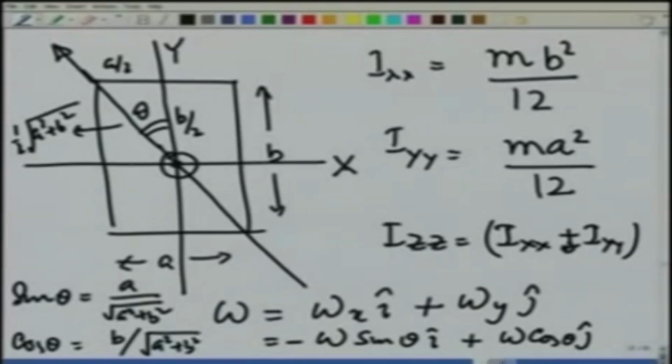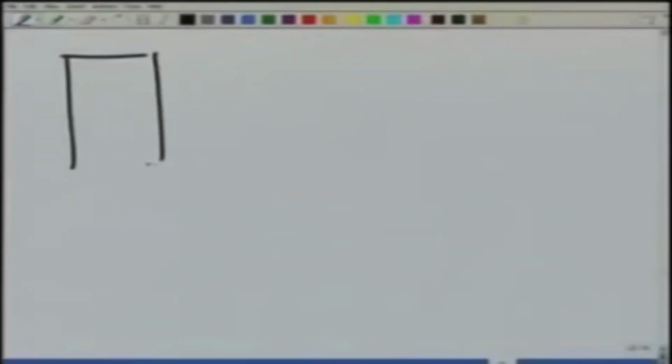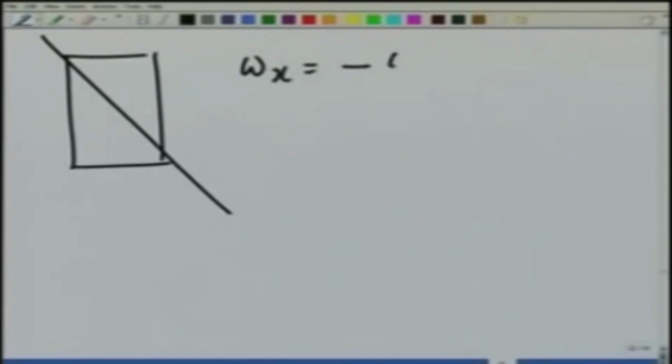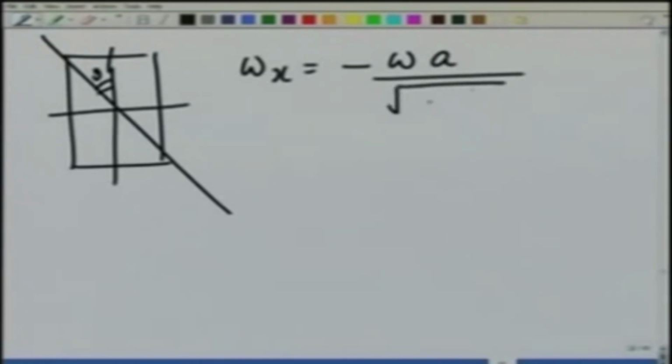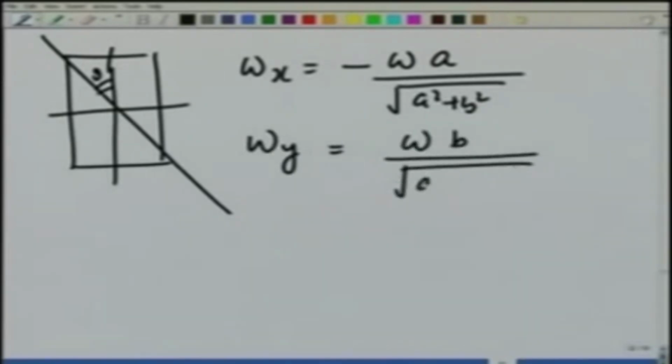Therefore I have omega x equal to minus omega a over square root of a square plus b square, and omega y is equal to omega b over square root of a square plus b square.